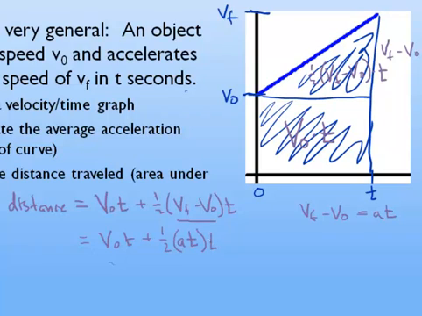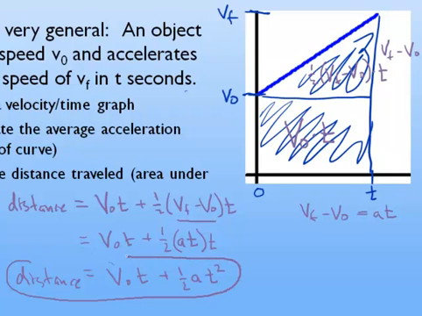And there's still this t at the end. That gives us a formula that the distance traveled is V naught t plus 1/2 the acceleration times time squared. This equation is useful because we can calculate the distance something travels, and all we need to know are the initial settings, the initial speed and the acceleration, and how much time it's traveling.